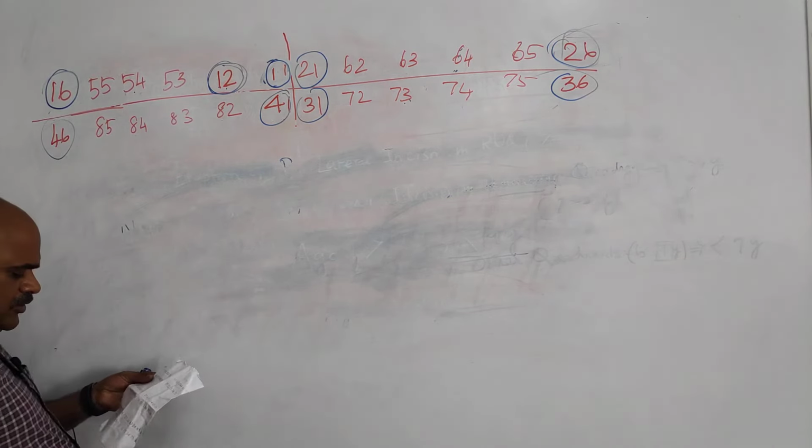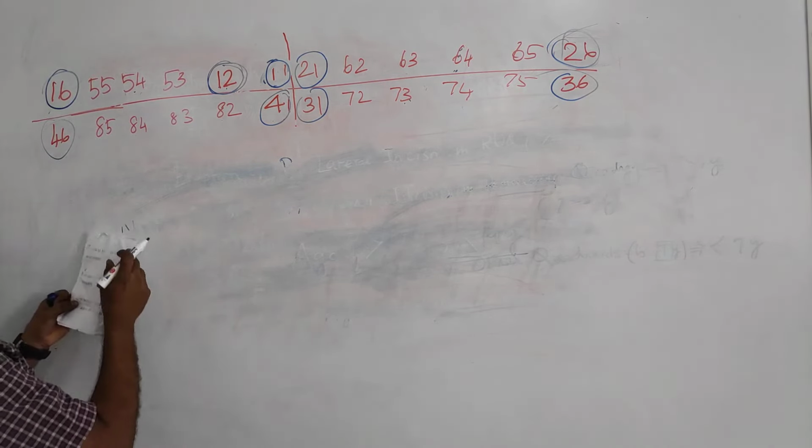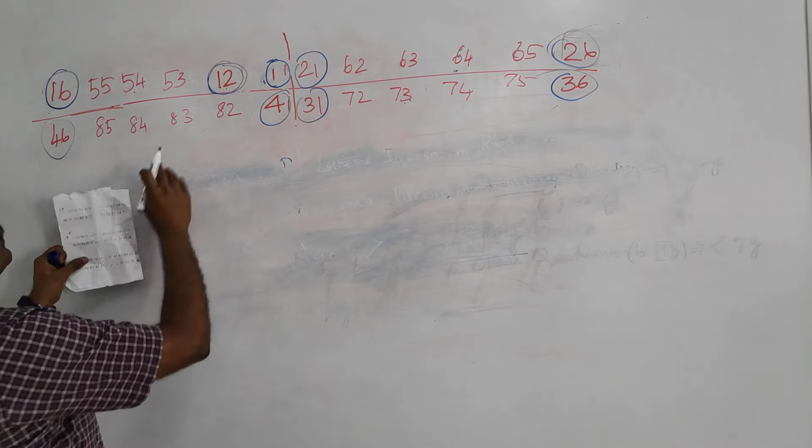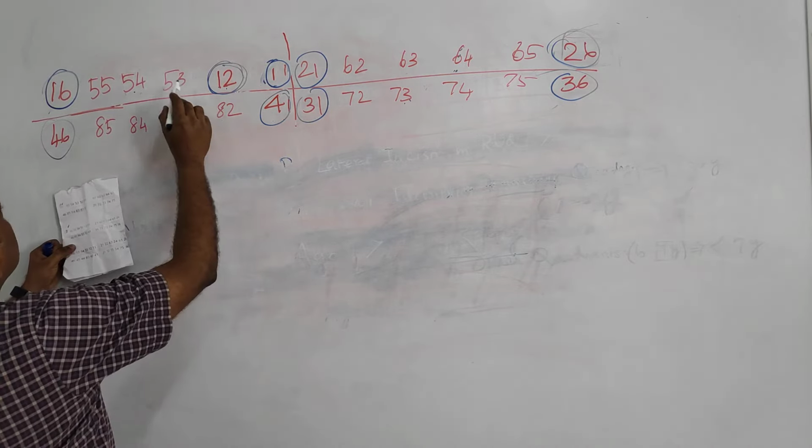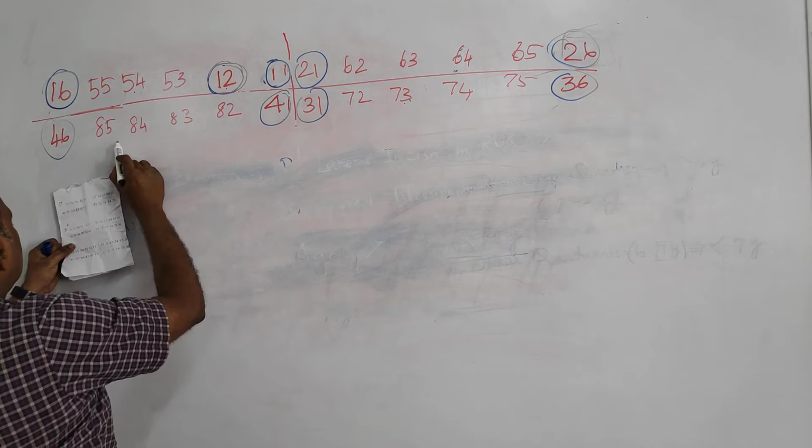Then you move on to the next dental exercise, that is 1 6, 4 6. Here 1 1, 1 2, 5 3, 5 4. Here same.